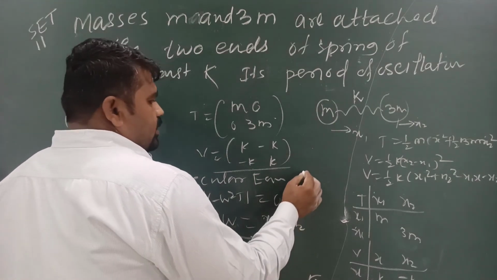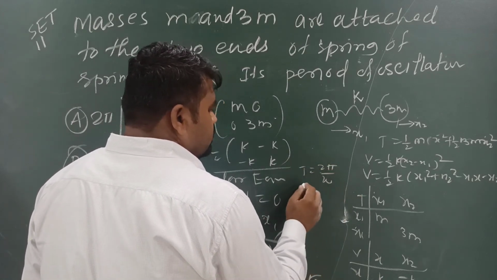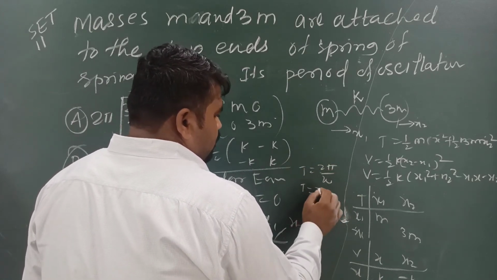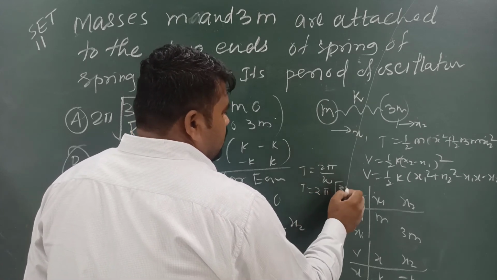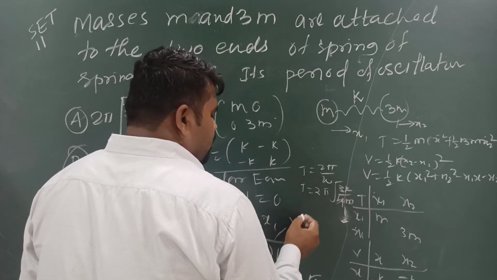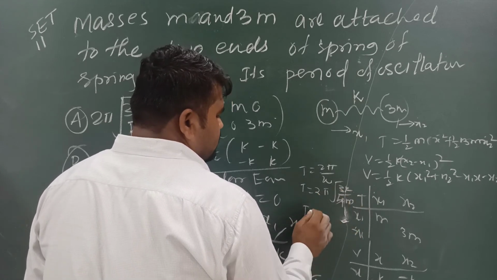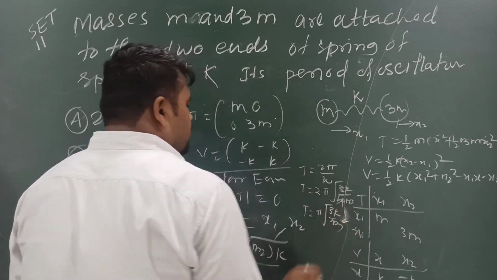So omega is equal to how much? This will become a reverse: 3k upon 4m. Taking 4 common, the 2 and 4 get cancelled, and this is equal to pi under root 3k upon m.